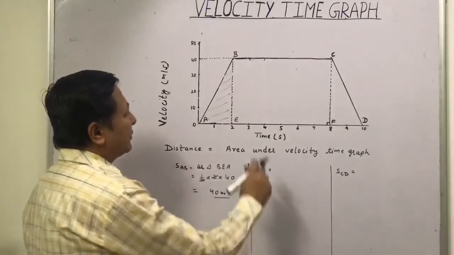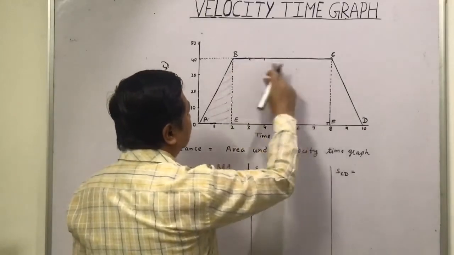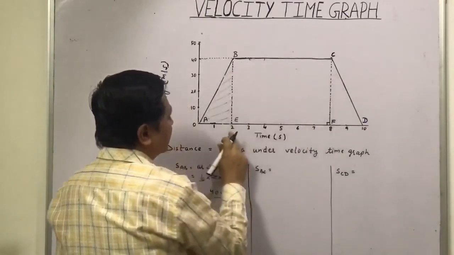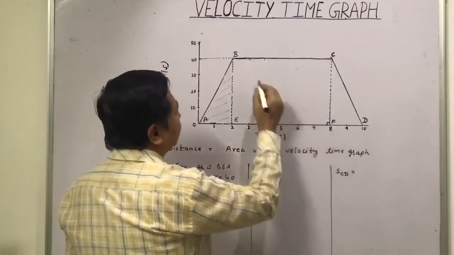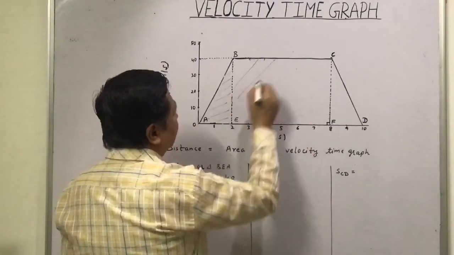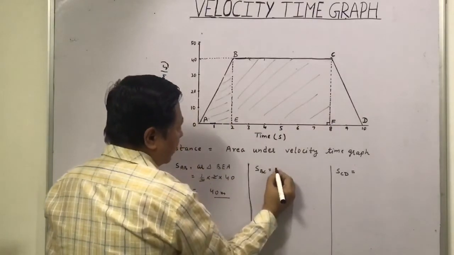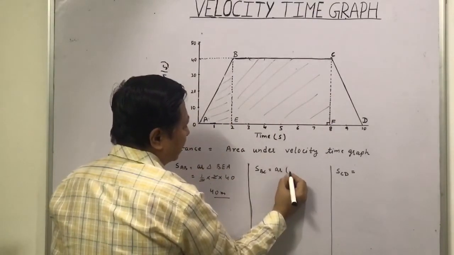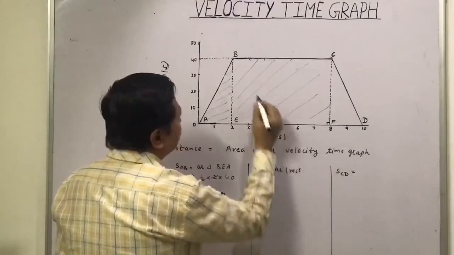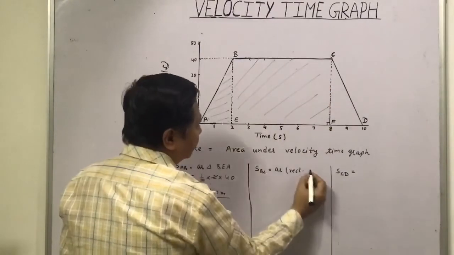Now if you want to find what is the distance traveled during BC, that means from 2 seconds to 8 seconds, then we have to find this area. And as you can see, it is forming a rectangle. So that will be equals to area of a rectangle, and that is BCFE.